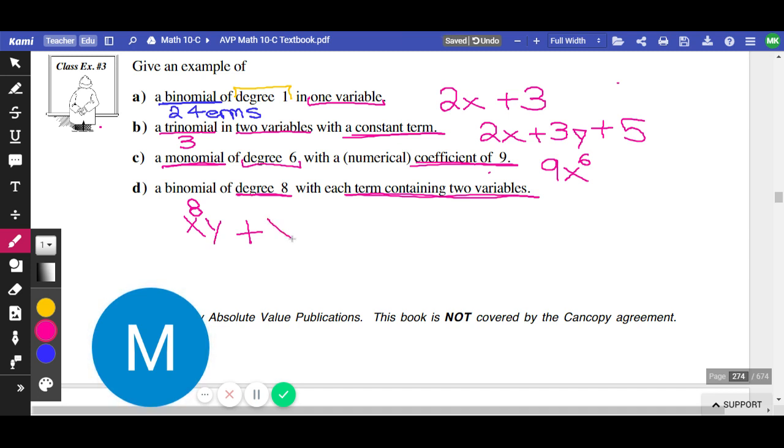The other term also has to have an x and a y. Right? 2 variables to it. That's a binomial of degree 8 with each term containing 2 variables. Fantastic.